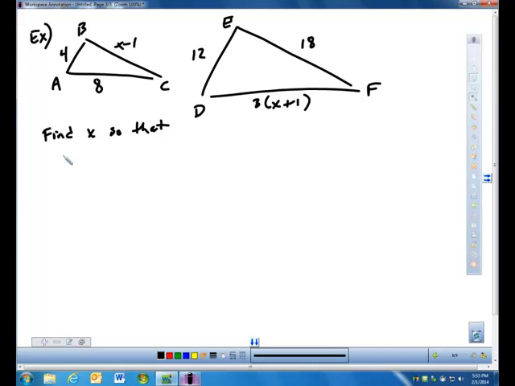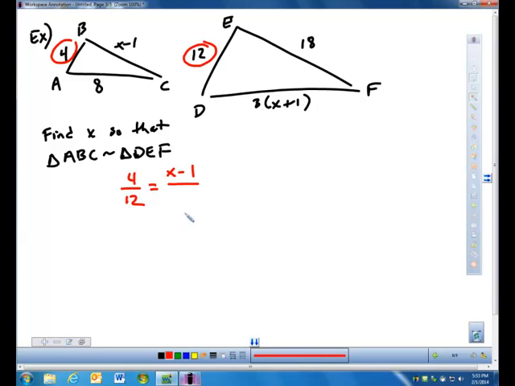And again, what is it that we know? If the triangles are similar, then we know that all of their sides are proportional. So what's the most important pair of numbers in this picture right now? Definitely 4 and 12. Those are the two that you know for sure go together based on the similarity statement, and there are no x's in them. So I'm going to write 4 is to 12 as x minus 1 is to 18.